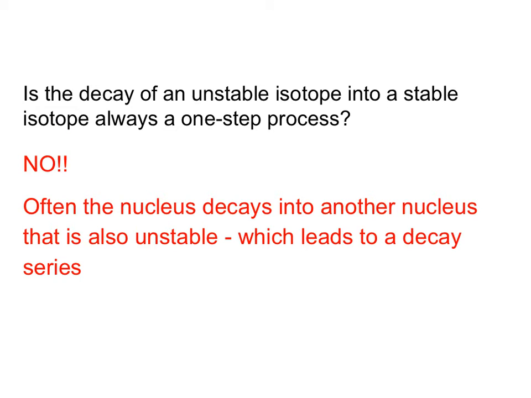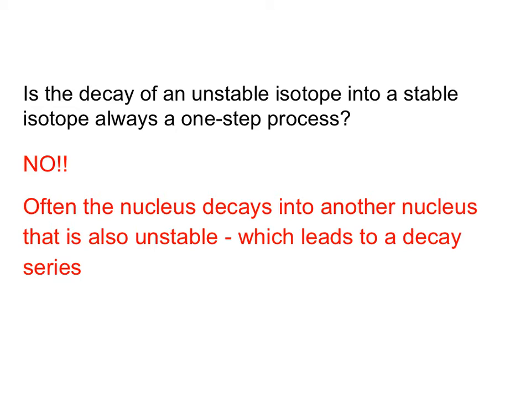As we continue down your red reference sheet, the next question is, is the decay of an unstable isotope into a stable isotope always a one-step process? First and foremost, I want to remind you guys what an isotope is. Remember, this is a nucleus that has a different number of neutrons than normal.